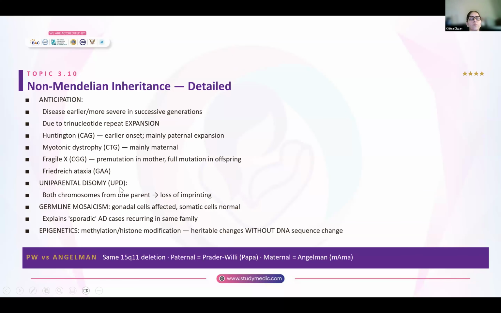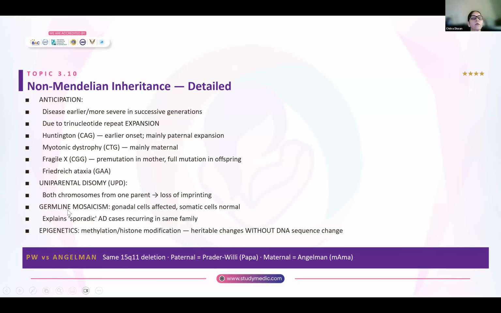Now, uniparental disomy or UPD, we already saw with Prader-Willi and Angelman. Then you have germline mosaicism. That means the cells in the gonads are affected while somatic cells are normal. Some cells in the gonad are affected, some are normal.